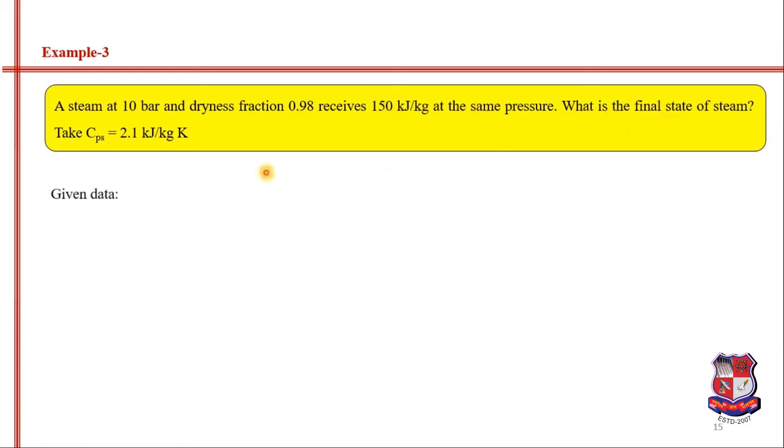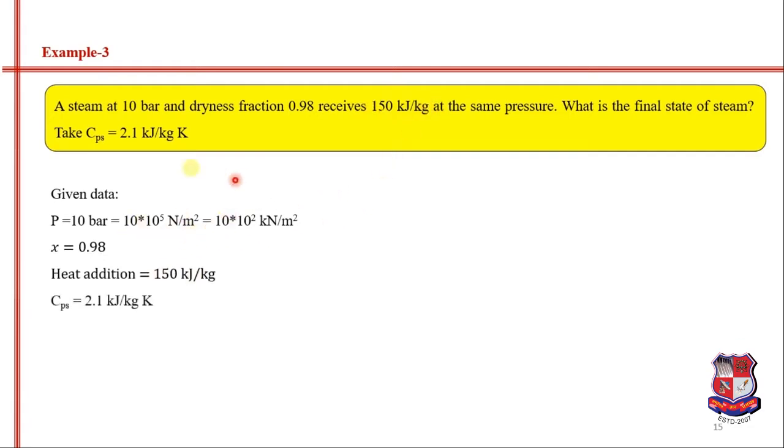So first, mention the given data. Pressure is given as 10 bar, so 10 into 10 raised to 2 kilonewton per meter square. Dryness fraction is 0.98, and we are adding 150 kilojoule per kg of heat to this steam. CPS is given as 2.1 kilojoule per kg Kelvin. Okay.